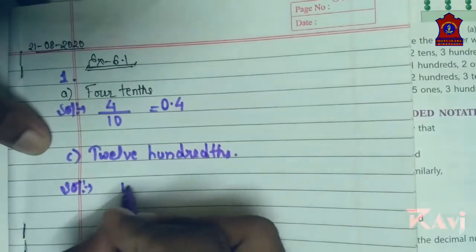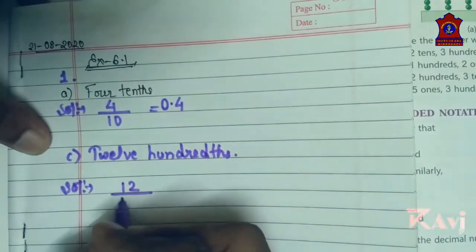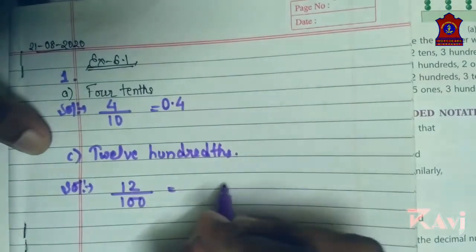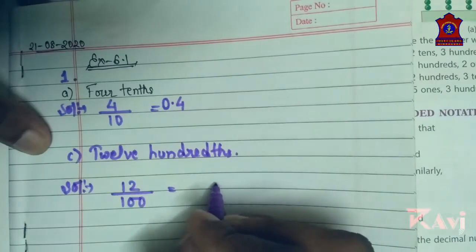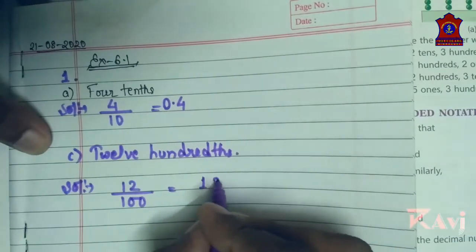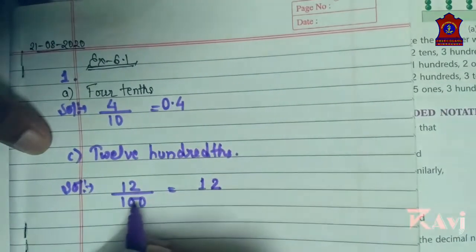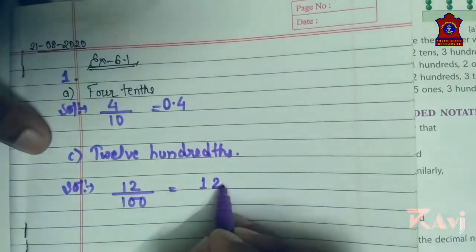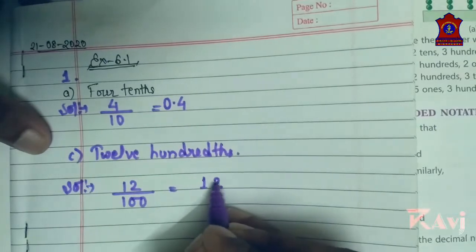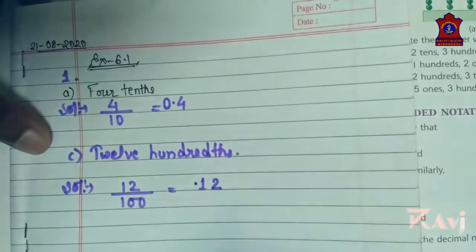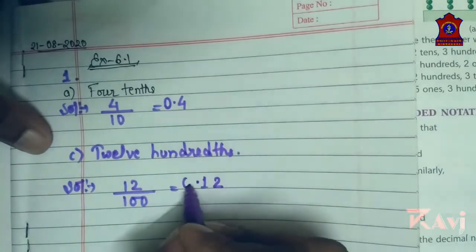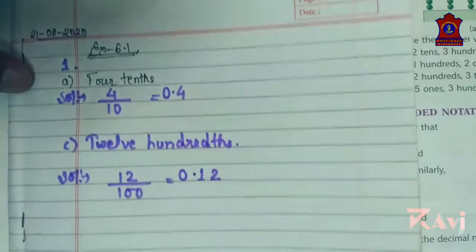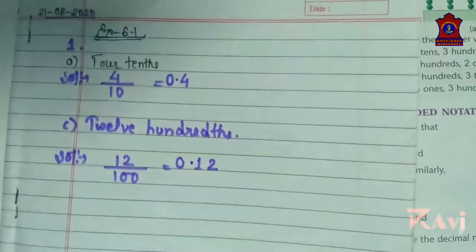So 12 will be the numerator, and 100 will be the denominator. Now what you will be writing? Write 12. Clear? Now how many zeros are there in the denominator? 2. Now count from the right, 1, 2, and then add a decimal here. So the value will be 0.12. Clear? Like this, you have to do the rest of all the questions.